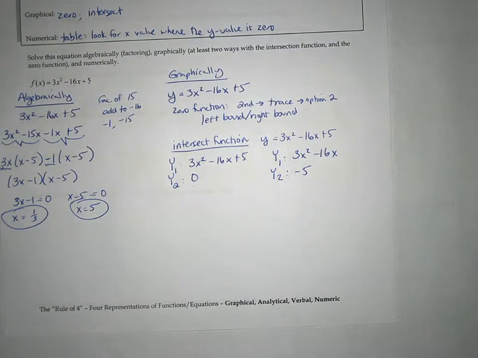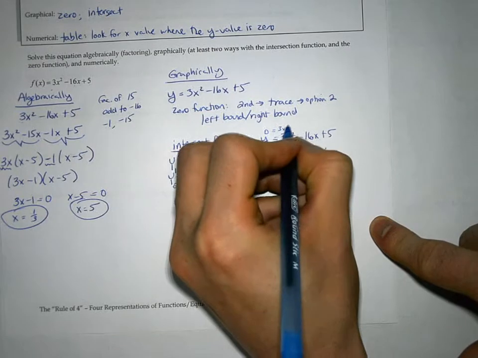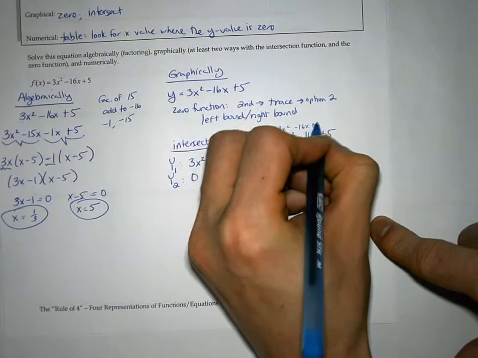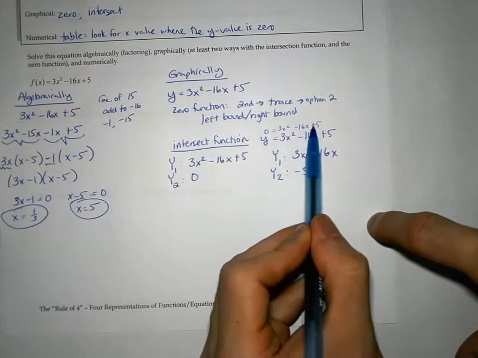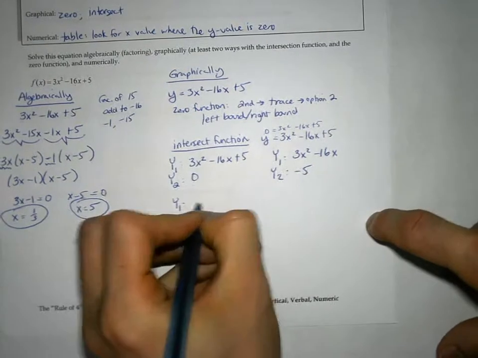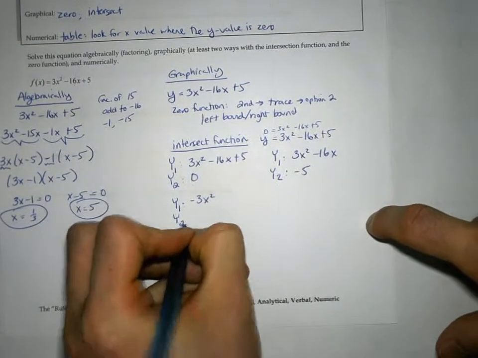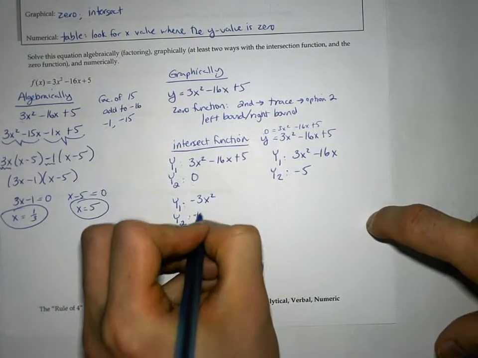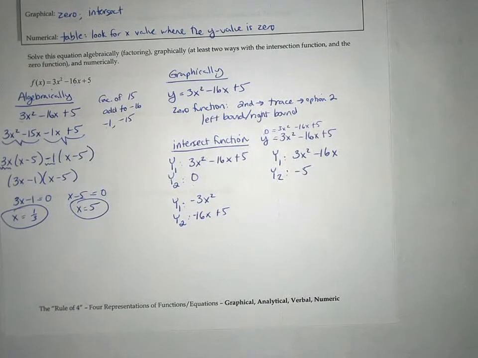Basically, all I'm doing is taking this equation here, which is really 0 equals 3x squared minus 16x plus 5, and manipulating it in different ways. So I can move the positive 5 over here and make it negative 5. Or I could have y1 be negative 3x squared, and then y2 be negative 16x plus 5. I would get the same answers.